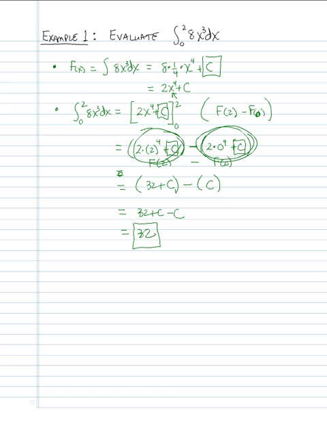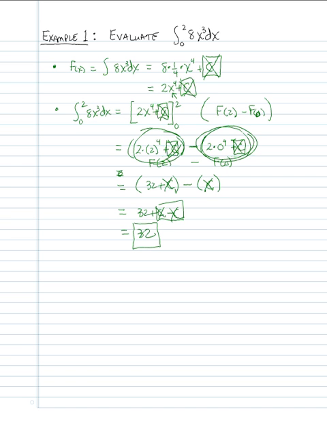So we're always going to end up with a C subtract C. So if we're always going to end up with a C subtract C, why don't we just assume that, and in the future we won't write this constant of integration in when we're doing definite integrals. Not when we're doing indefinite integrals, but when we're doing definite integrals, we'll ignore the constant of integration, and it will just make things easier for us. We won't have to deal with the C everywhere, and we'll still get the same result.